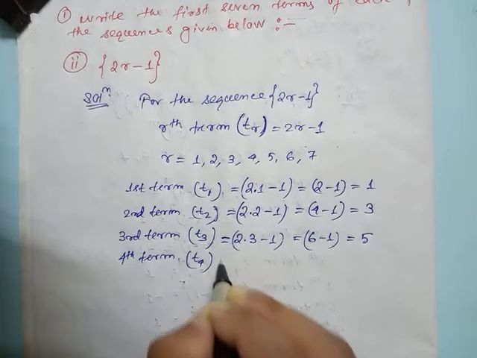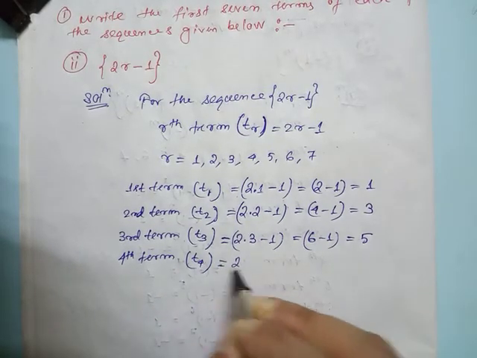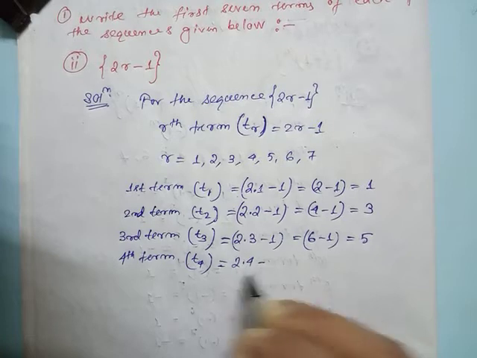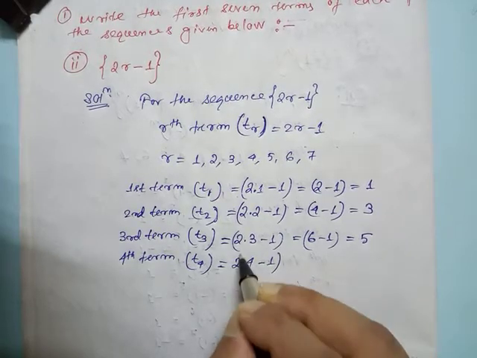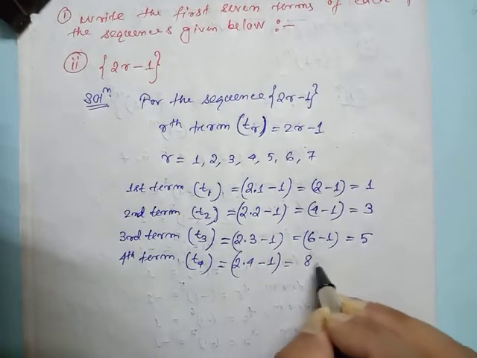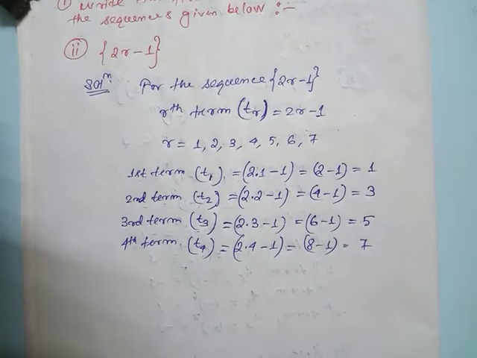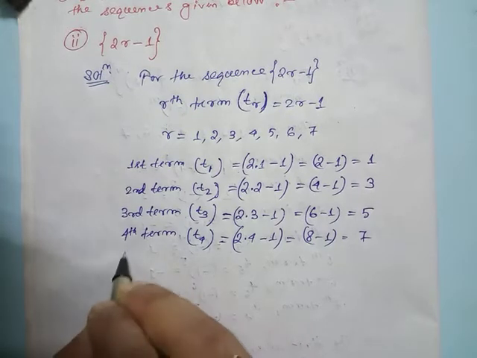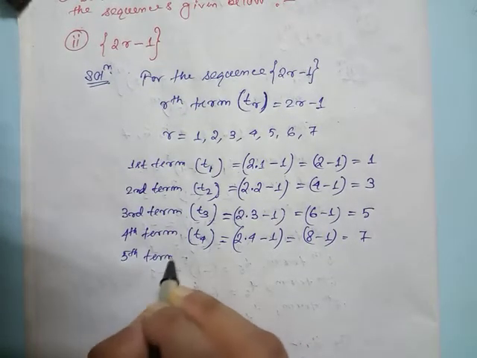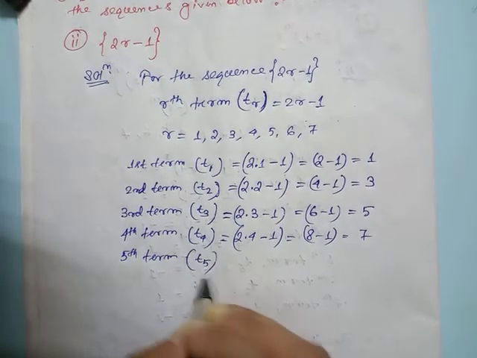Okay, now fourth term, t4. Here the value of 4, just write here the value of 4, 2 into 4, then minus 1. 4 twos are 8, minus 1, 7. Next one, fifth term is t5.